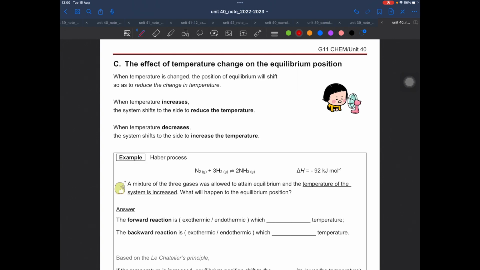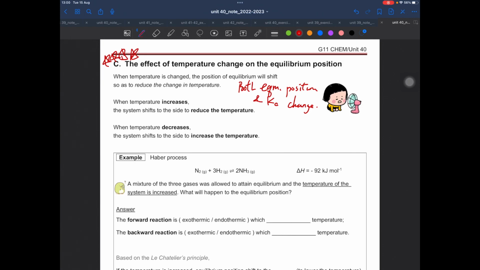Well, finally is the temperature change. Temperature change is extremely difficult because it not only changes the equilibrium position but also changes the value of Kc. So both equilibrium position and Kc change. Okay? Now, I will use a story to help you memorize.